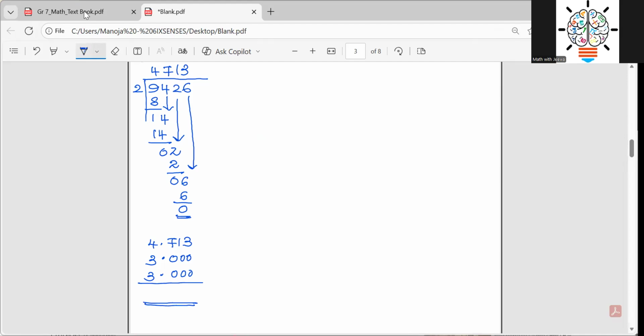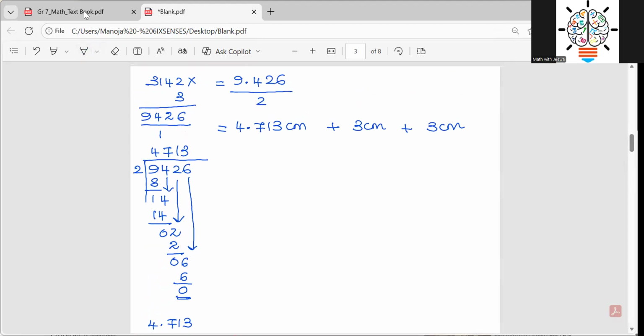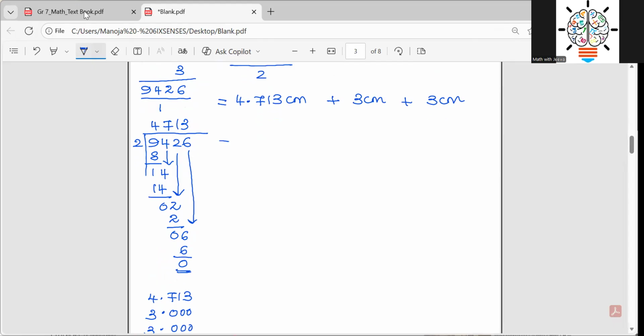So then it gives me 10.713 centimeters. And this is the third significant figure. You look at the next number. So then straight away you can write 10.7 centimeters, 3 SF.